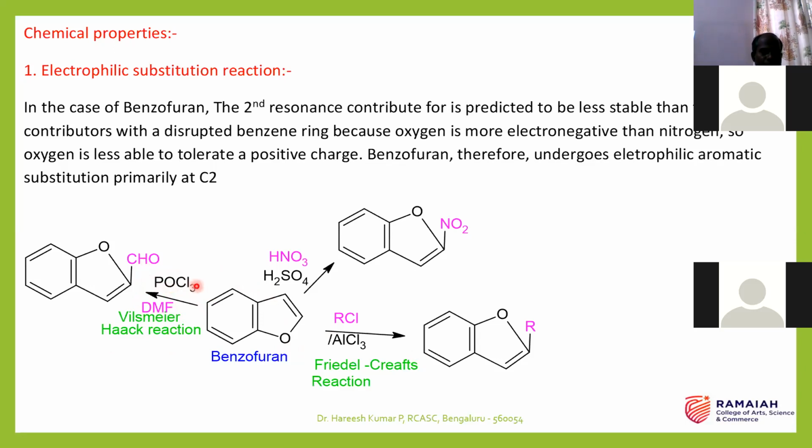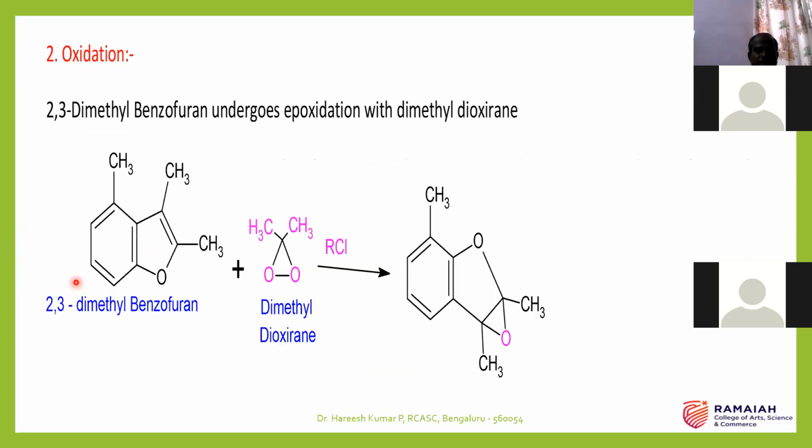The CHO attacks the second position of the benzofuran, forming 2-formyl benzofuran as the product obtained. So these reactions are about the electrophilic substitution reactions of benzofuran. With this, I will go to the next slide. The next slide is about the oxidation.